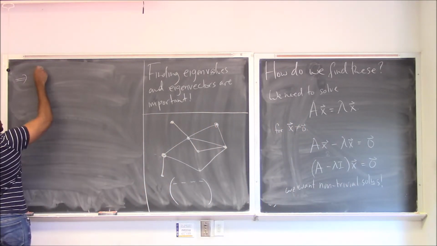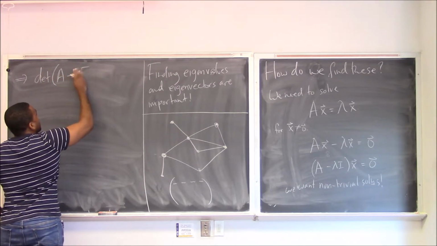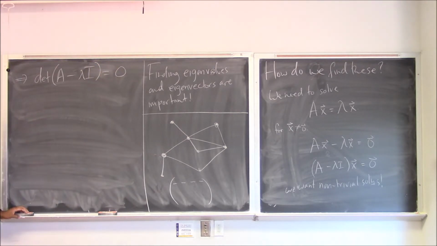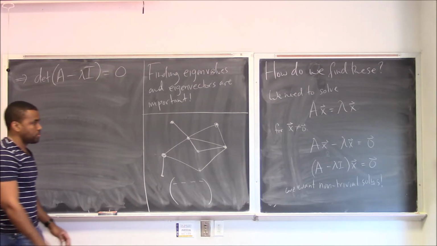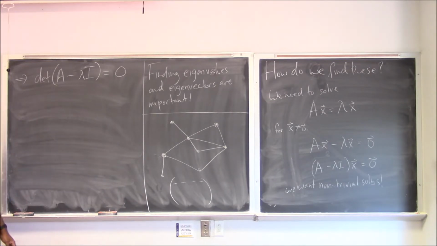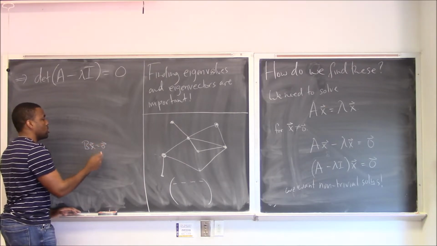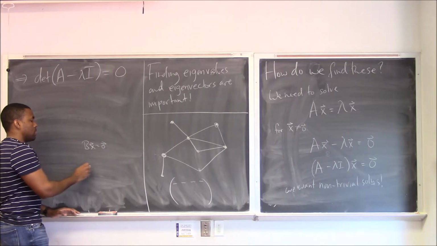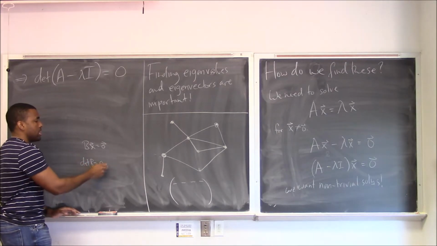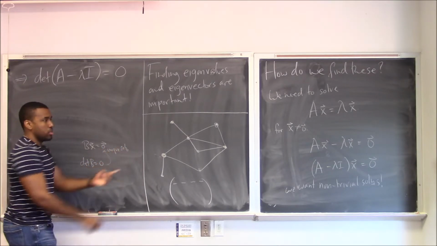Right, so this means the determinant of this lambda I minus A must be 0. Why? The equivalence theorem, right? We know that if the determinant of B does not equal 0, then Bx equals 0 has a unique solution, which is going to be the trivial solution.